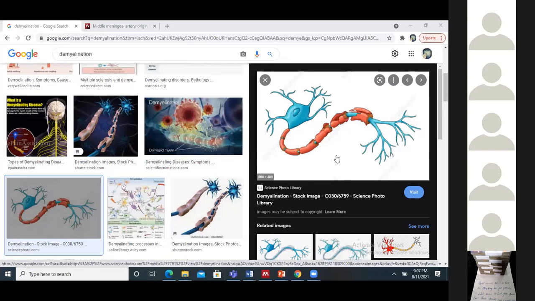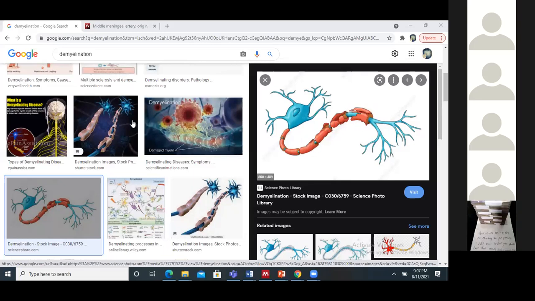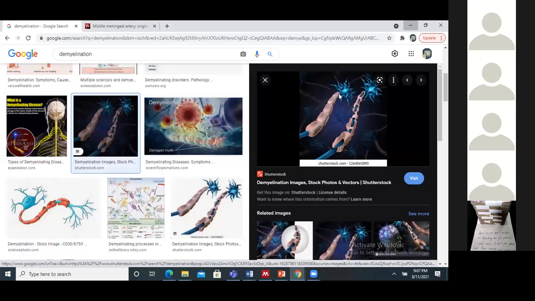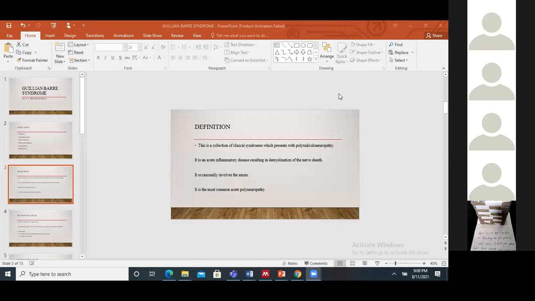When we talk about demyelination, we say that this myelin sheath, which is supposed to protect the nerve and improve the pace of impulse transmission, becomes destroyed. That's what happens in Guillain-Barré. This is a normal myelin sheath. This is a demyelinated nerve. We'll know why that is the case in a bit.